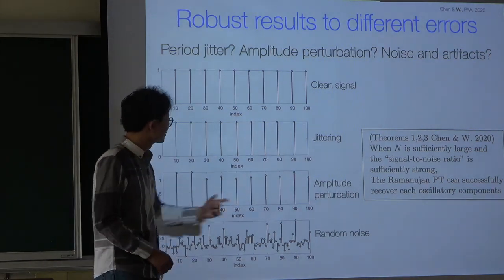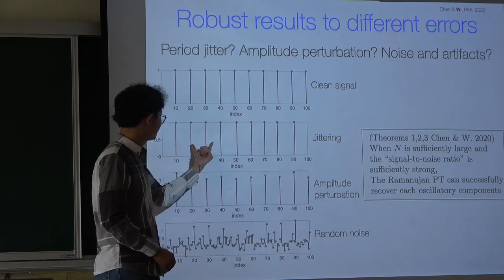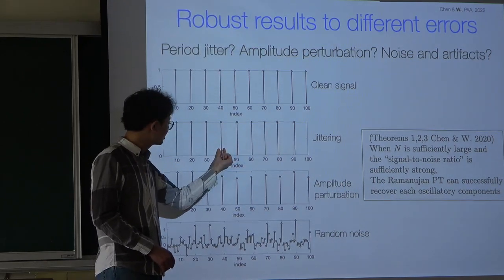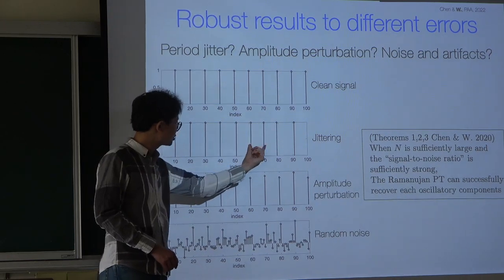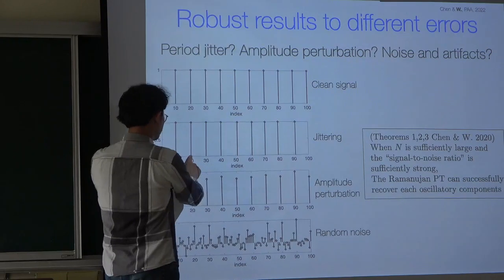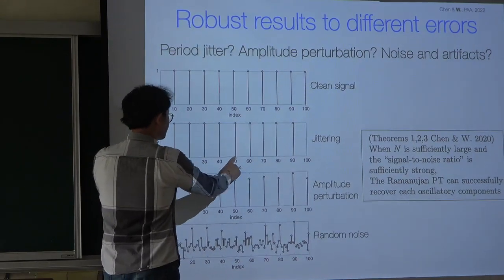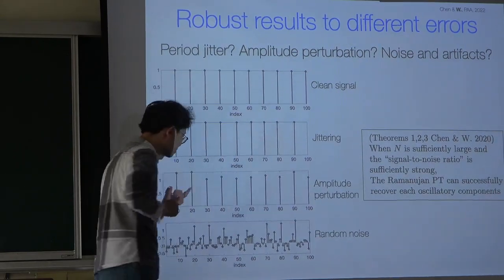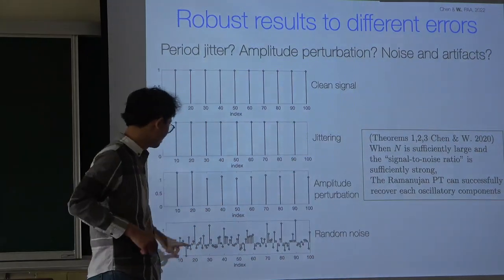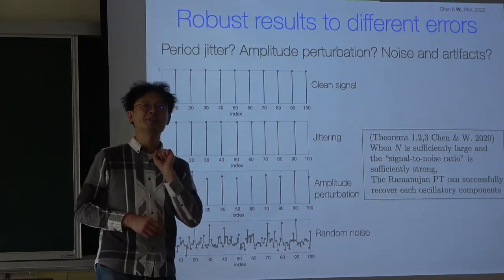Which kind of noise? For example, jitter: small frequency changes, so the period will have small changes. But it is jitter, not really time-varying frequency. Second, small amplitude modulation. Or third, small noise.